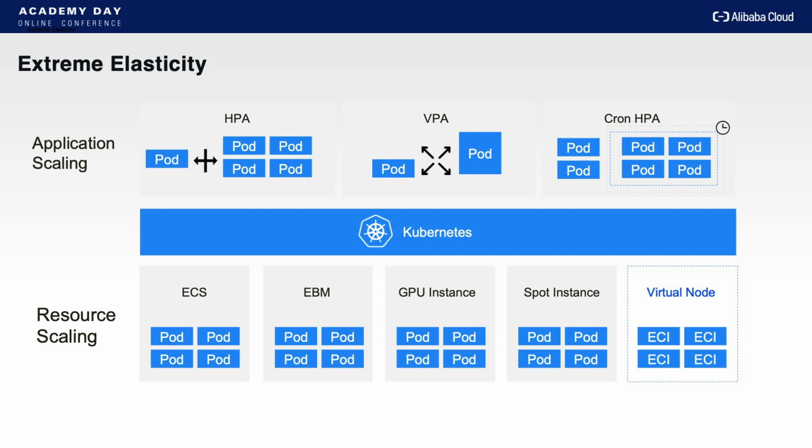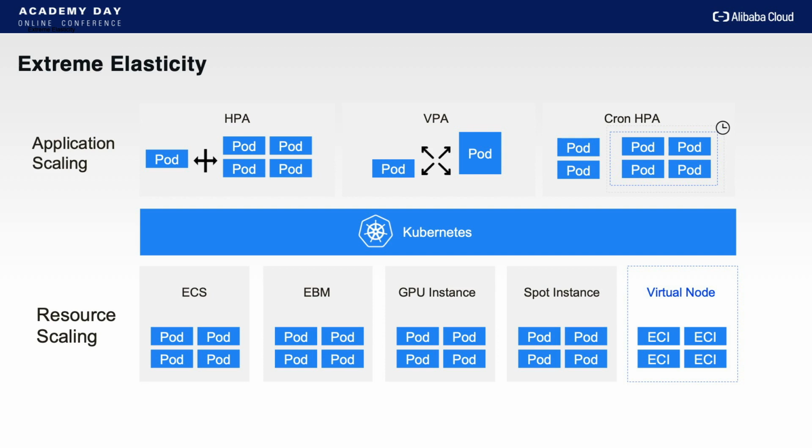We also provide another way, so-called virtual node, and it's based on the Elastic Container Instance, ECI. In the application layer, there are horizontal pod scaling for adding more pod instances, and vertical pod autoscaling to add the resources on demand.